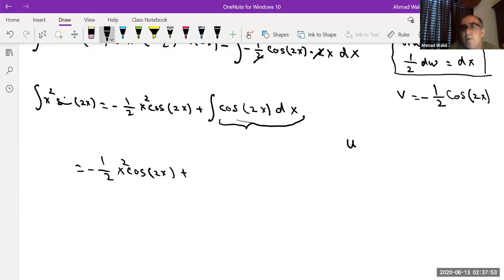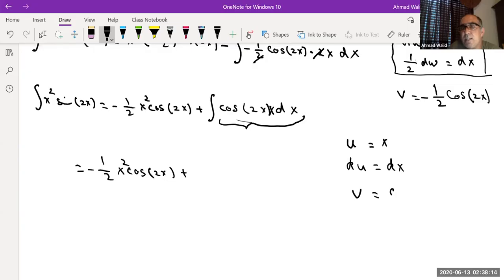Then you have cosine, you have trigonometry and algebra. Your u becomes x. Correct? Did I miss? Yes, we have an x here. You see, I missed this x to put here. Your u becomes x. Then du will be dx.